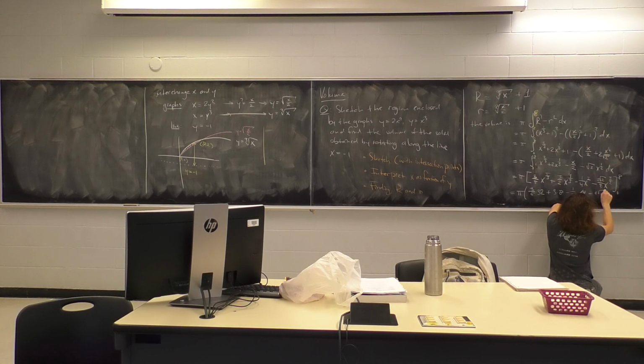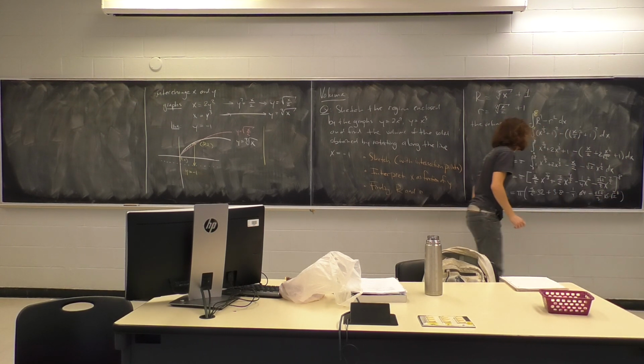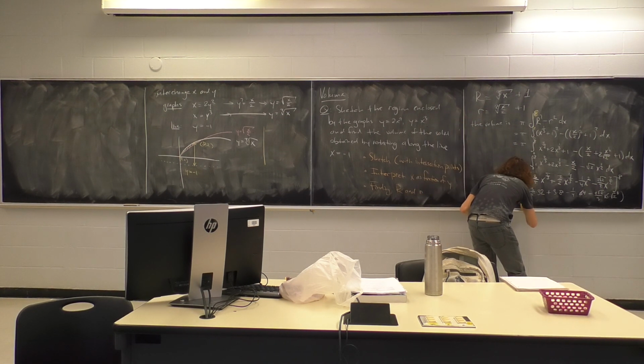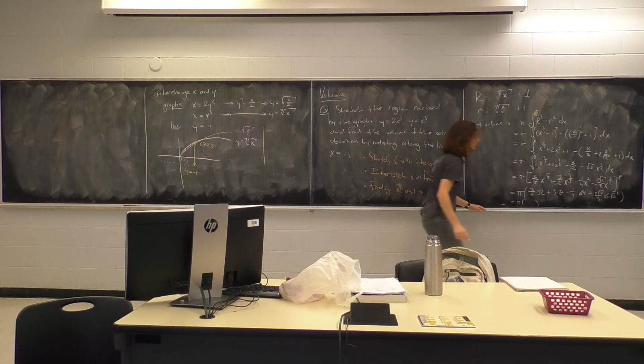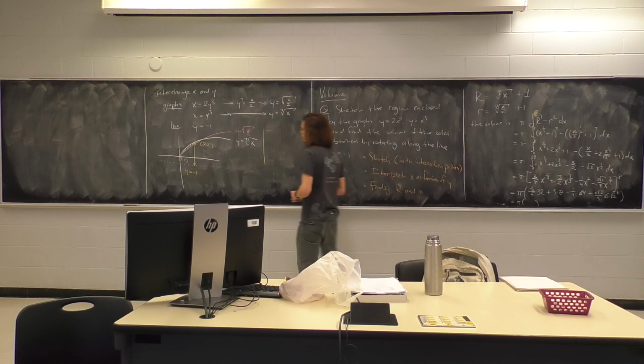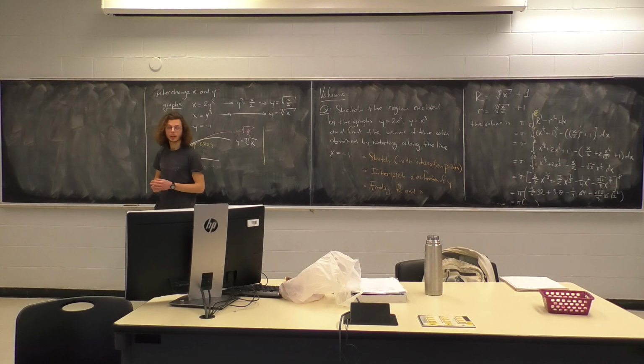So you get 2 square root of 2 over 3 times 16 times square root of 2. And then you work this out and you simplify this. And let's go on because I want to do some series and sequences.